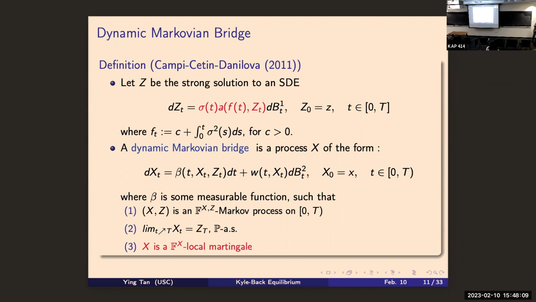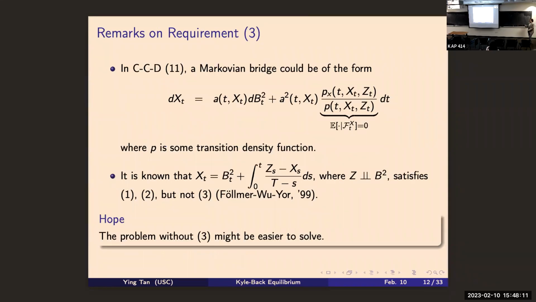The result is that they constructed a Markovian bridge for Z with the structural assumption. So X looks like this, and it has a very complicated drift form. The small p here is the transition density for the diffusion Z.